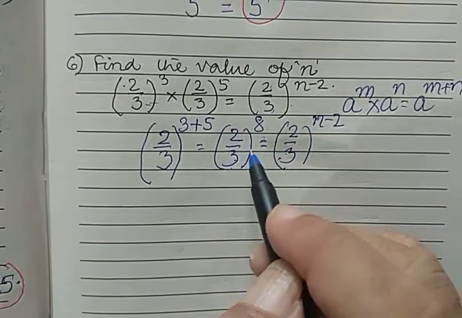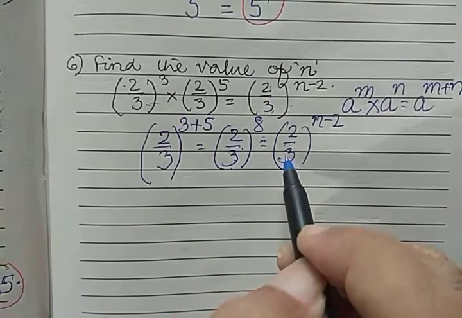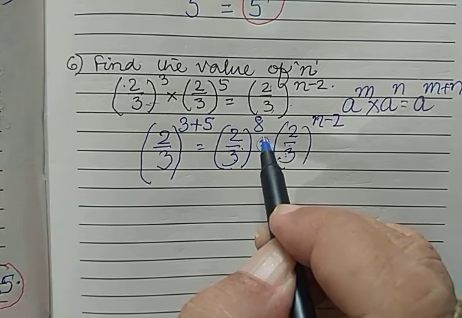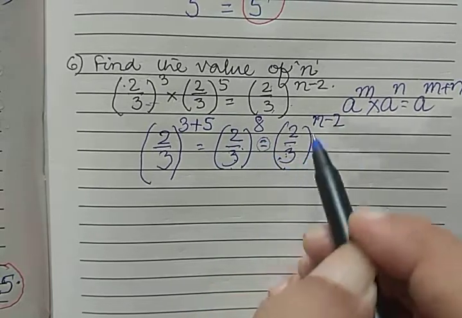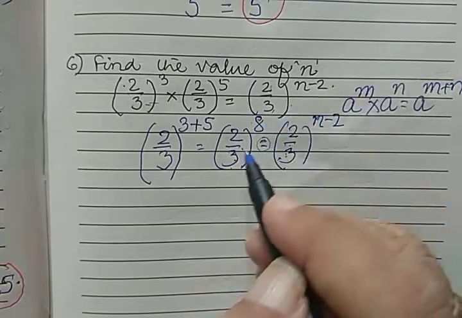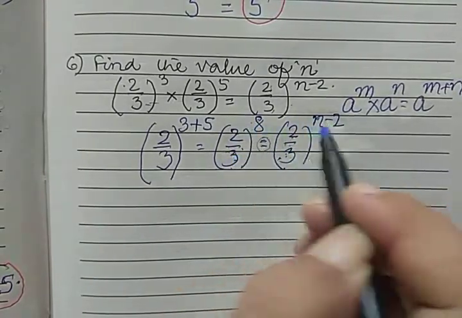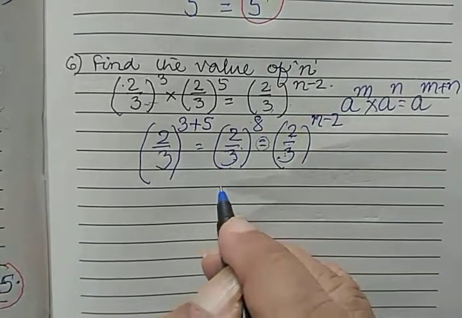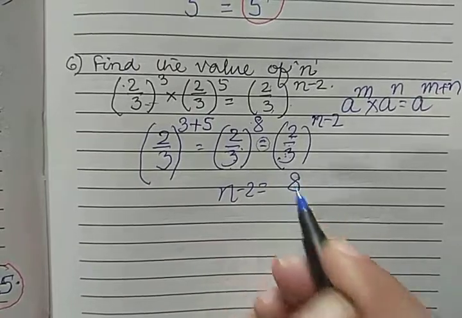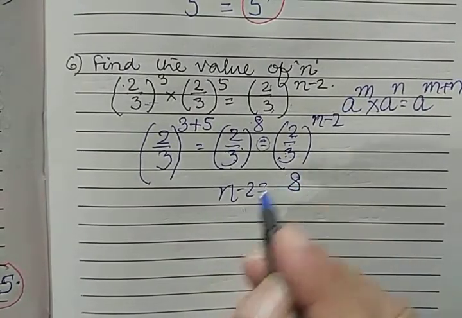Suppose you have two expressions like this, base same, and the sign of equality in the middle, then their exponents will be same. So here 2 by 3 base is same, so here the power should be same. So n minus 2 should be equal to 8.